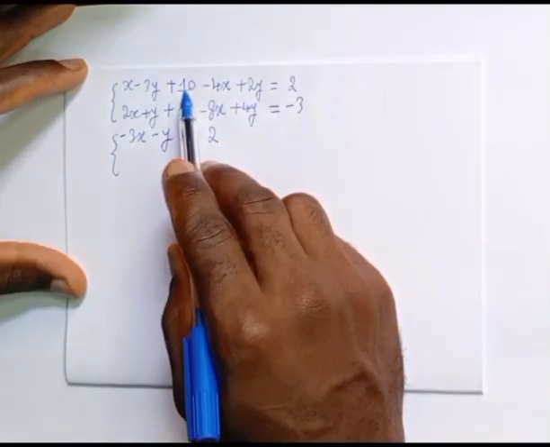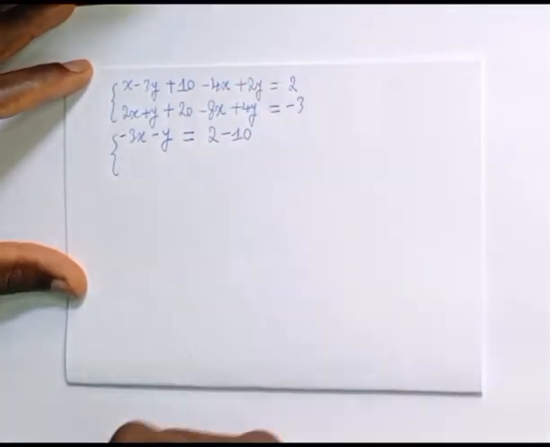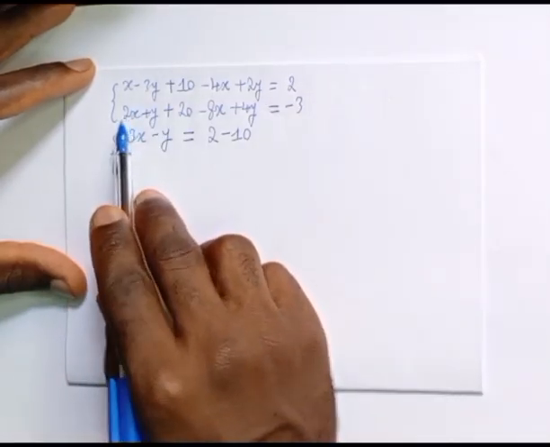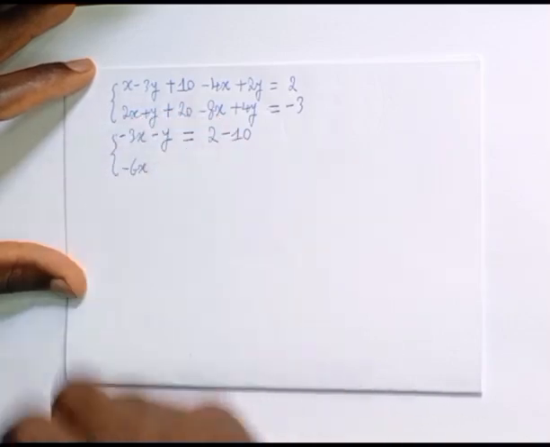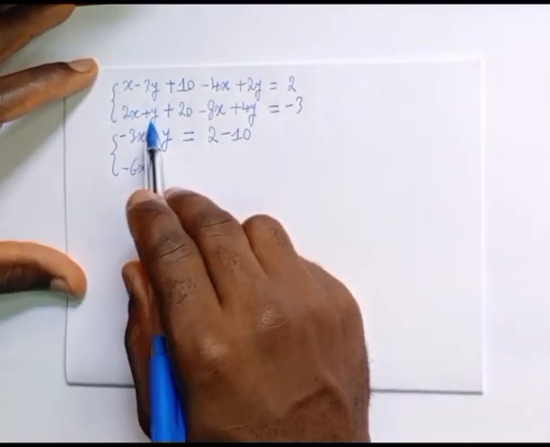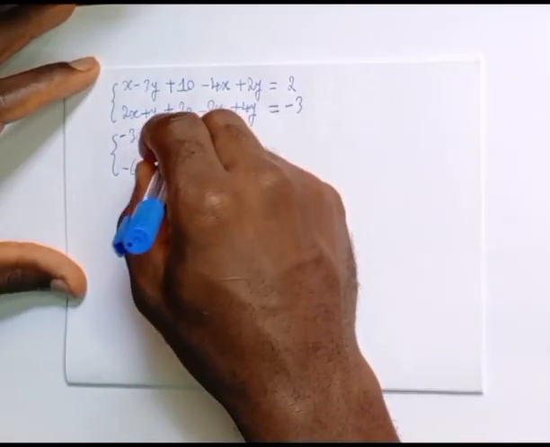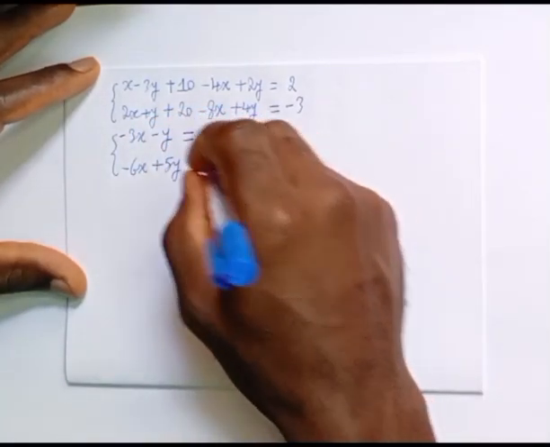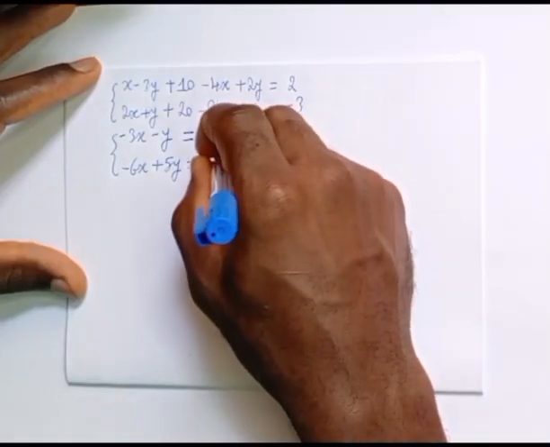We are going to transfer 10 to the right hand side, which becomes negative 10. 2 minus 10. 2x minus 8x gives us negative 6x. y plus 4y gives us 5y is equal to negative 3 minus 20.